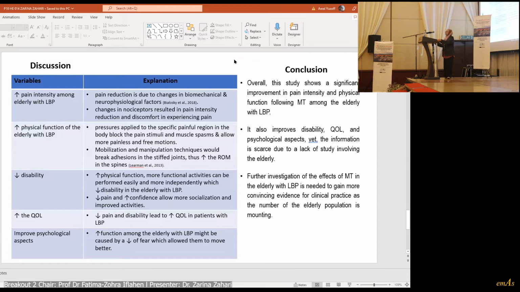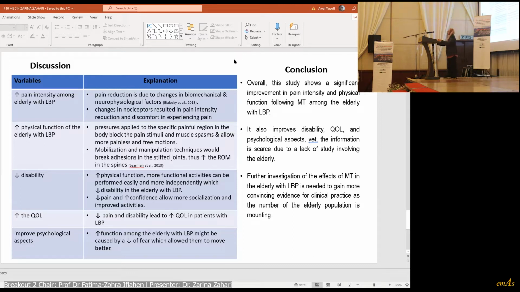Increasing the quality of life by reducing the pain and disability will definitely lead to increased quality of life among the elderly, and overall improve psychological aspects. When there is an increase in function among elderly with low back pain, this might be caused by reduction of fear, which allows them to move better.